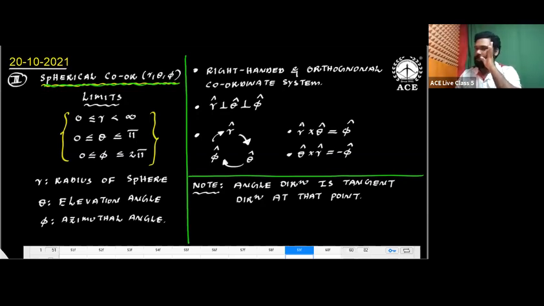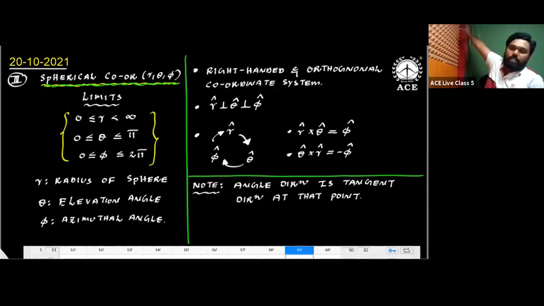What is this angle? This angle is phi. And what is this angle? This angle is theta. And the distance from the eye to the star is r. So this is phi, this one is theta, and this one is r.